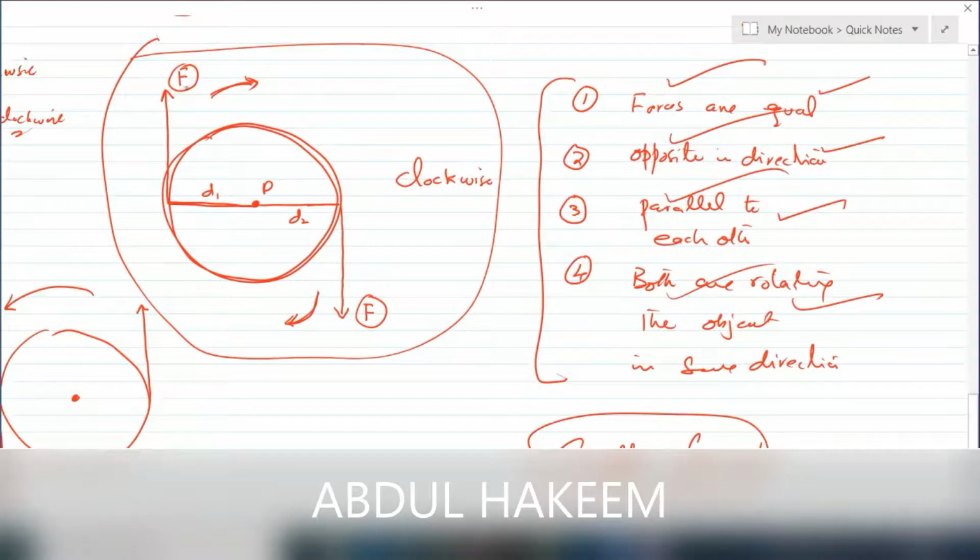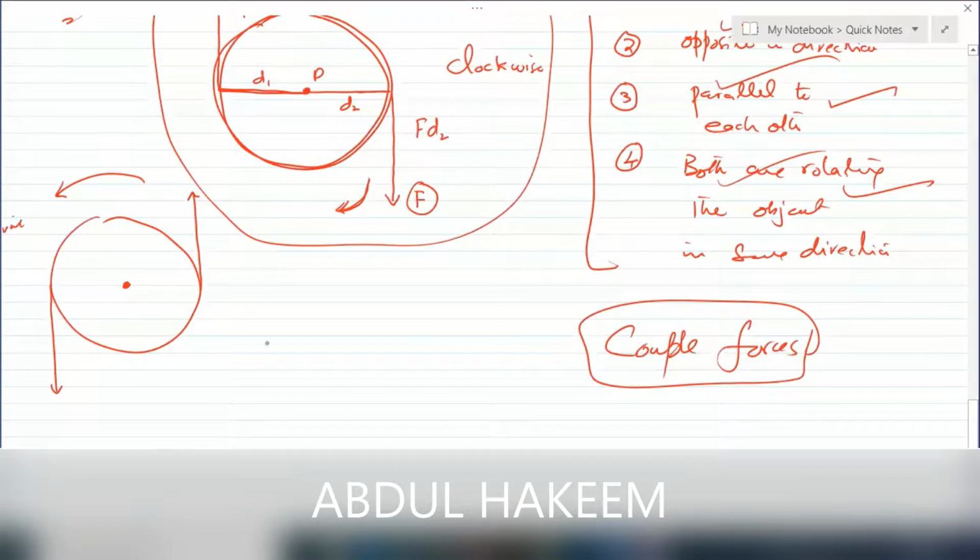Now, this force has turning effect F D1. This force has turning effect F D2. So the total torque is F D1 plus F D2.